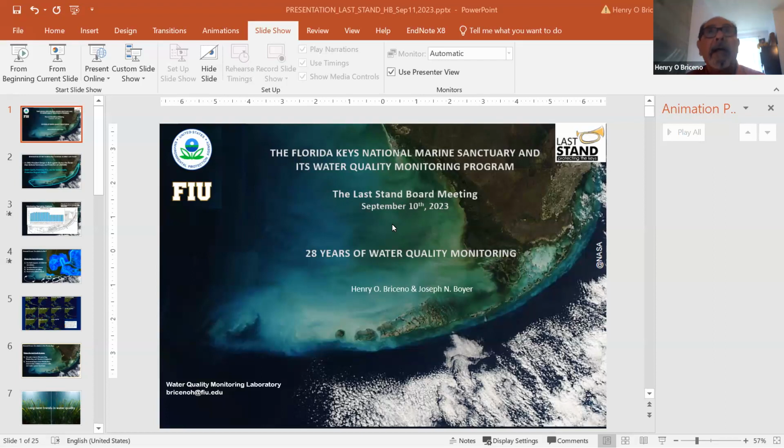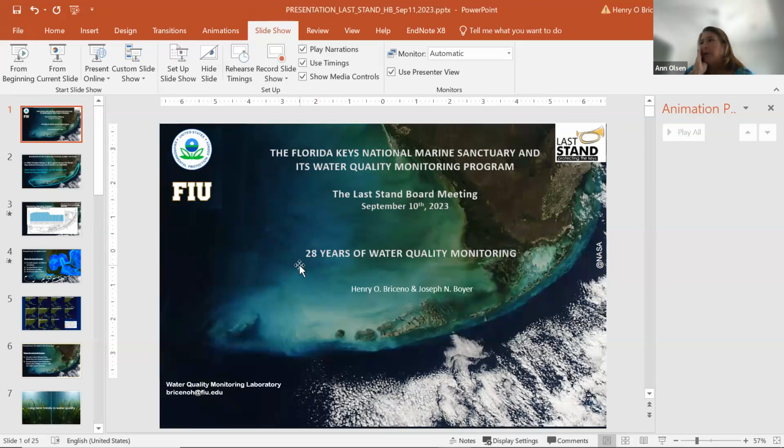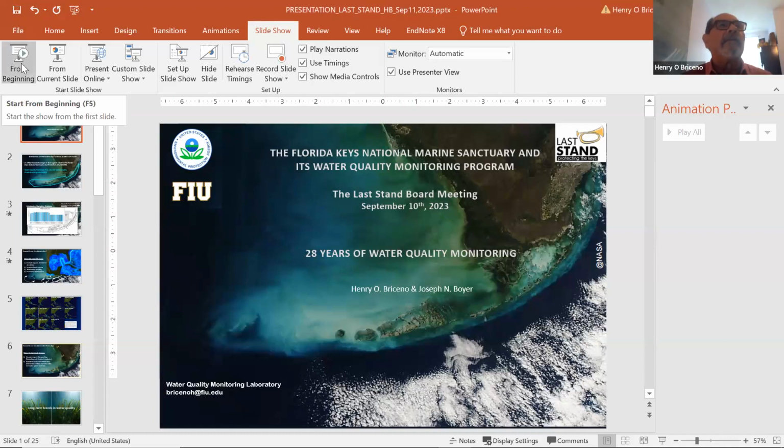Monitoring. And then Dr. Briseno, I'm sorry to interrupt, but we're still all on the first slide. You need to choose from beginning to make the slideshow go, but we're just still seeing your introductory slide. Oh, okay, wait a minute. Do you see in the upper left below the word file says from beginning? You can play it and then press your space or your mouse to make it go forward. I'm trying to find a way to. There's an icon that says from beginning with a green. Yeah. I think just click it again.